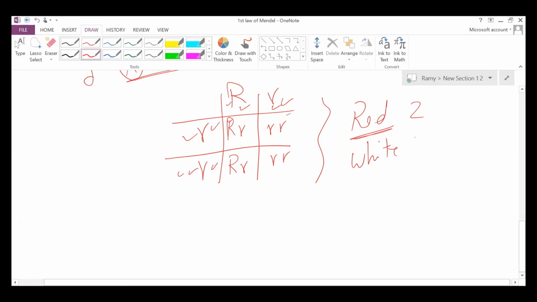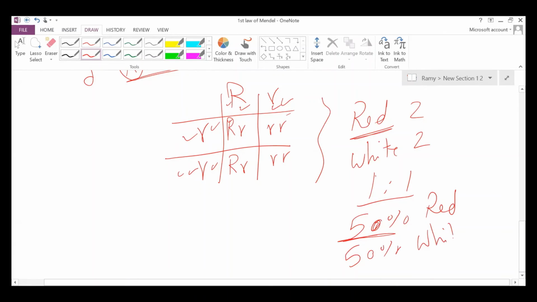Okay, so what is the ratio? 50-50 or 1 to 1. Excellent. So if I'm asking about the percentage, 50% red and 50% would be white. Is that clear? So this is the easiest way.